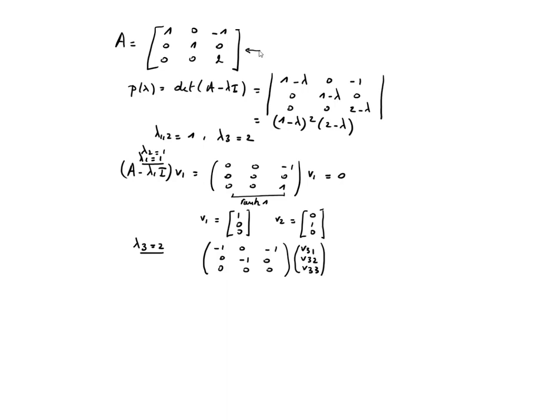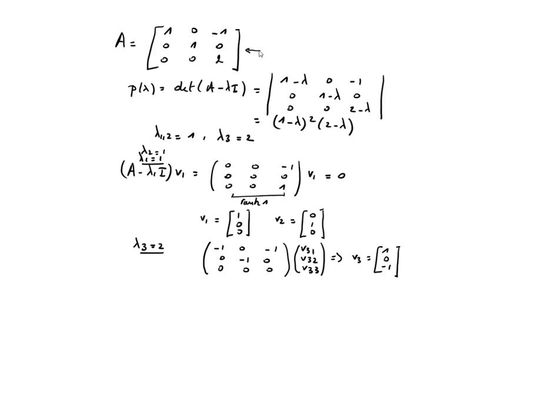And in this case, we can see that the second element must be 0, and if we fix the first one to 1, we need to take, by the first equation, the third one to -1.